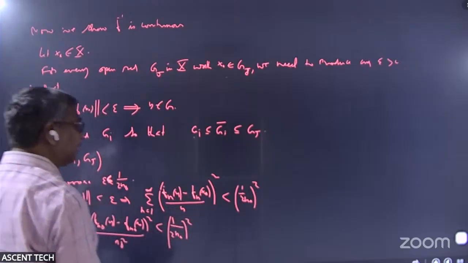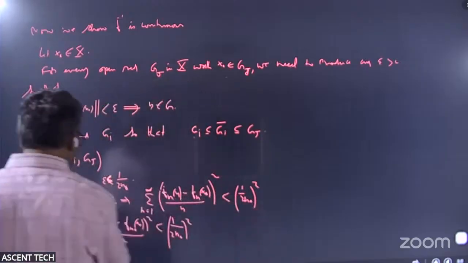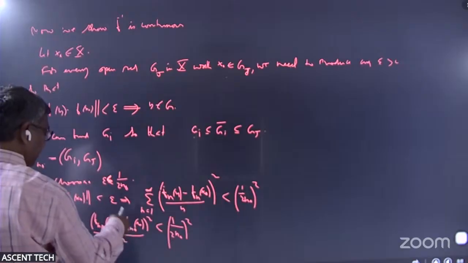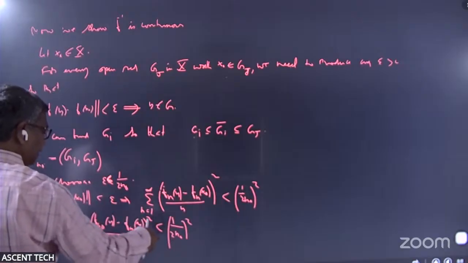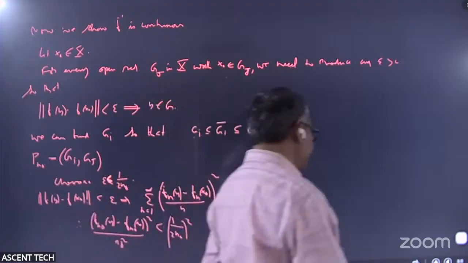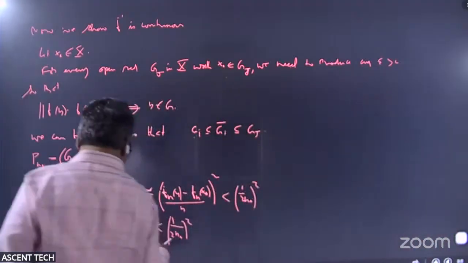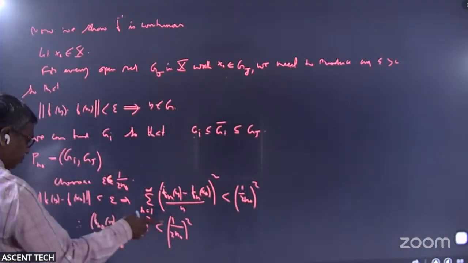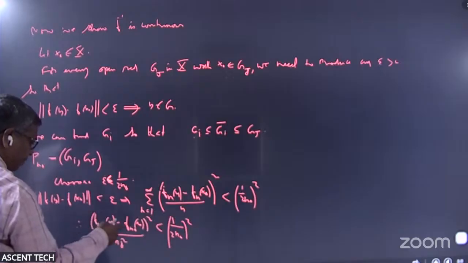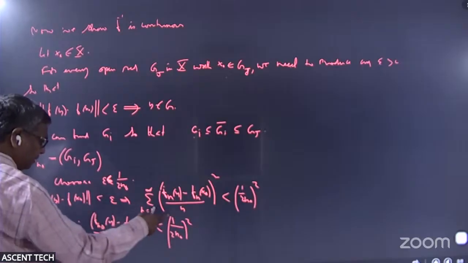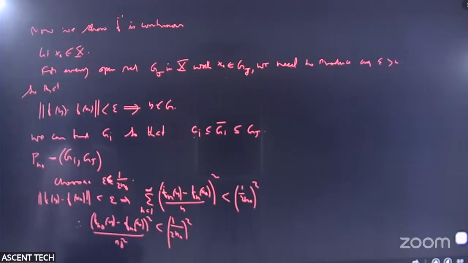If I cancel the n naught squared, I have 1 by 2 whole squared. So if I take the square root, |f_n0(y) minus f_n0(x0)| is less than 1 by 2, okay?